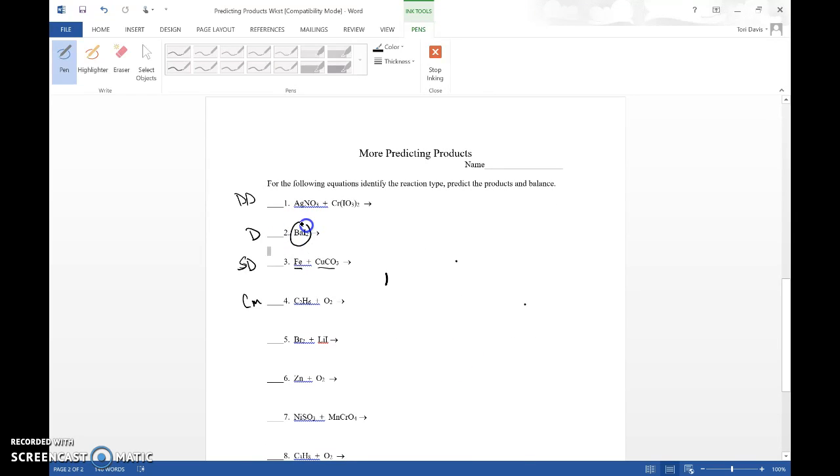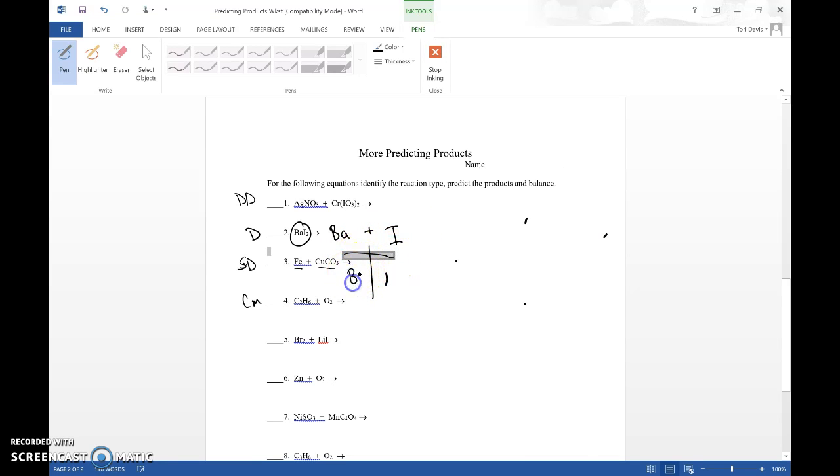So we have one single compound on our reactant side. So we need to split that into the two elements on the product side. So looking at our equation, we split this into barium and iodine. Okay, so we go ahead and split it down the middle.